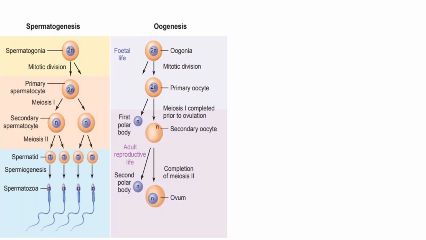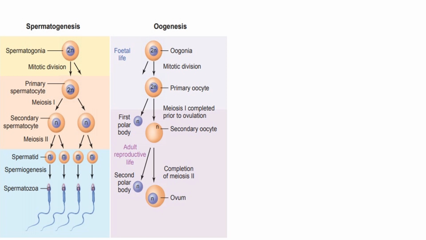Then, the meiotic division in males is uninterrupted. At puberty, the meiotic division will start in males and it will be completed. But in females, the meiotic division starts prenatally at the 7th month. At birth, it is arrested in the dictyotene stage of prophase 1. Then after puberty, just before ovulation, the first meiotic division is completed.